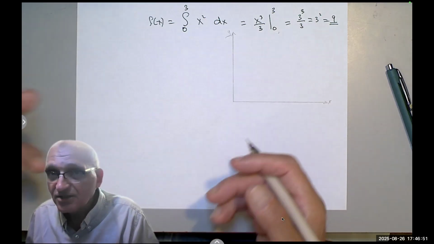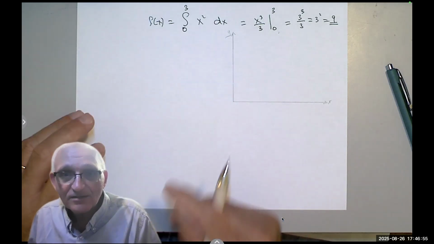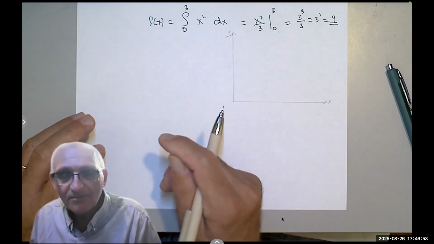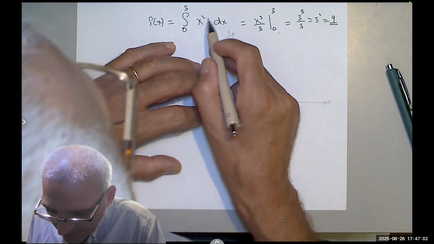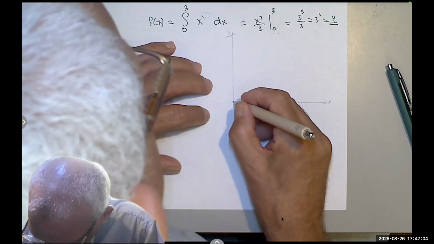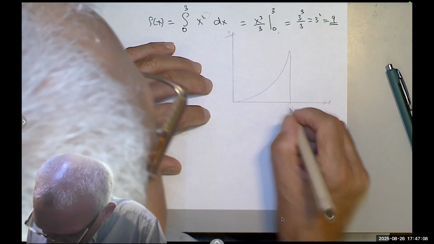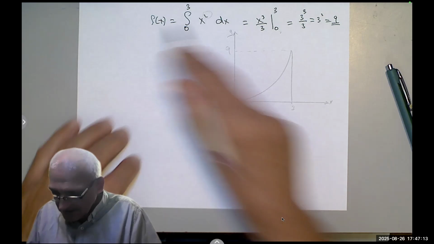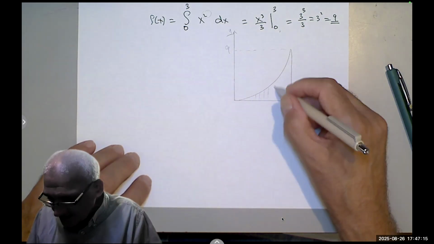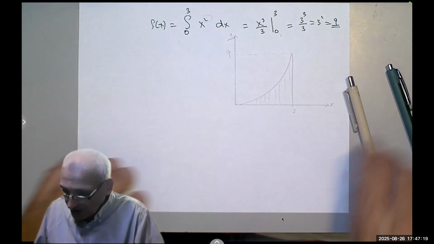If you remember, the area under the curve is 1/3 xy. Remember, it's xy divided by n plus 1, where n is the power of x. The square function looks something like that. At 3, the value, of course, is 9. And this integral is showing you the area under the curve. That's the definition of the definite integral between 0 and 3.